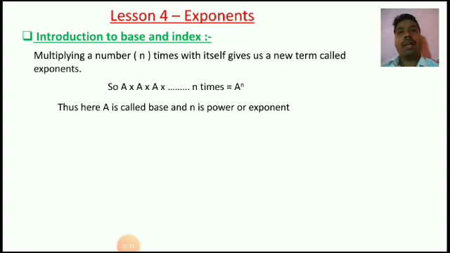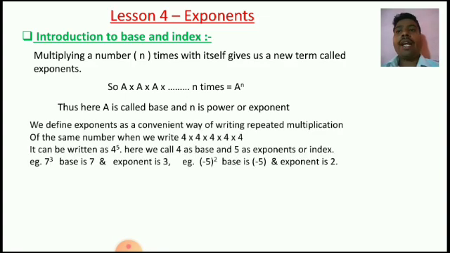Here we multiply a number n times, so we get the a raised to n term. We define exponent as a convenient way of writing repeated multiplication of the same number.